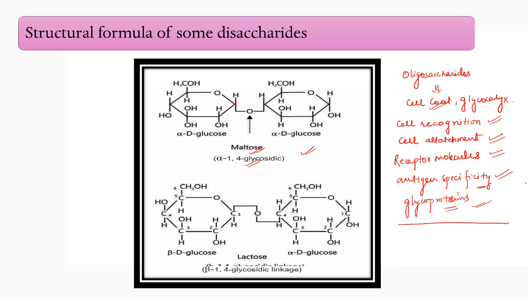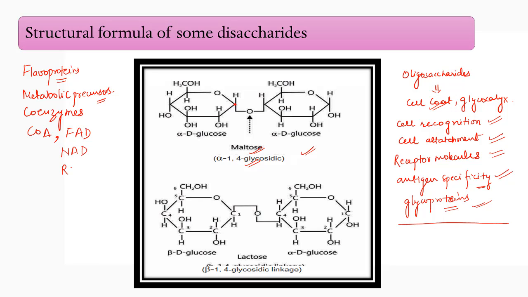Some sugars like ribose are very important to make the nucleic acids, metabolic precursors, flavoproteins, and coenzymes, like coenzyme A, flavin adenine dinucleotide, nicotinamide adenine dinucleotide, RNA, DNA.